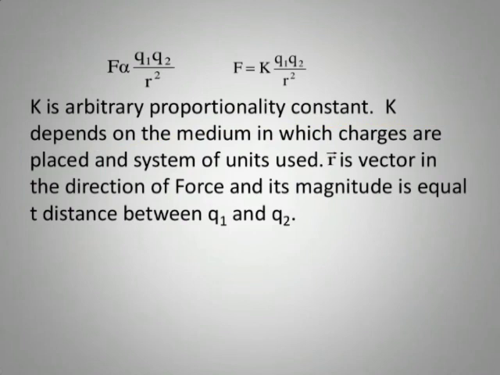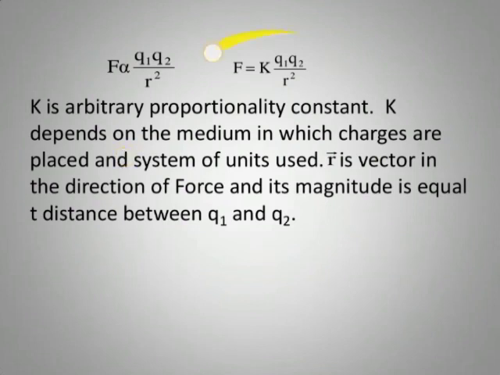What kind of medium we have kept the two charges in, it depends upon these mediums also. And r is a vector in the direction of the forces, and its magnitude is equal to the distance between the two charges.